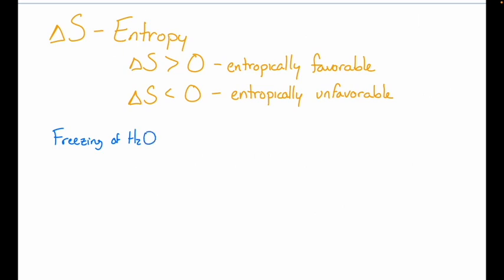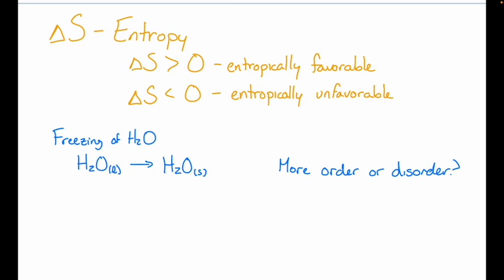All right, so what about the freezing of H2O, going from the liquid state to the solid state? All right, and what we want to ask ourselves is this process creating more order or disorder?